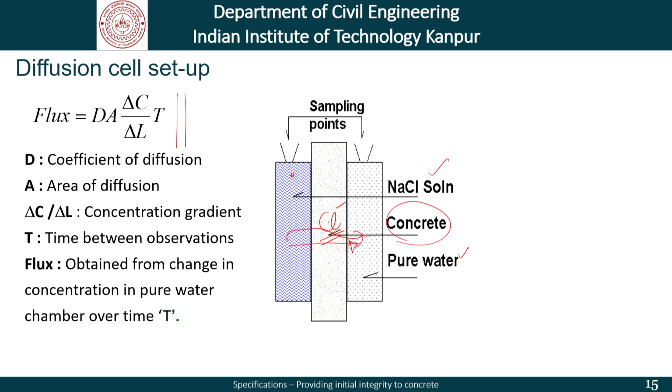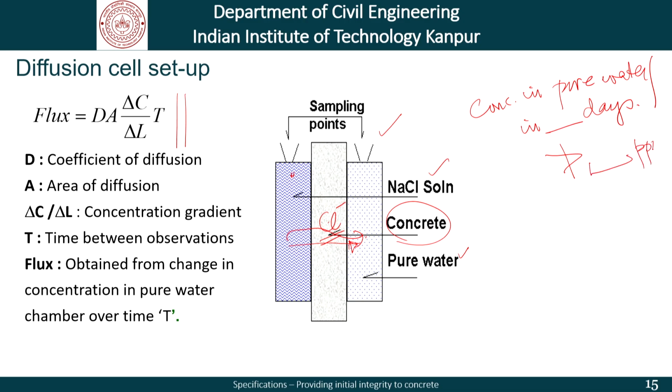As far as provisions in the specifications are concerned, one can say that please carry out this test and the concrete will be acceptable if the concentration in pure water in, let us say, x days does not exceed so many ppm.